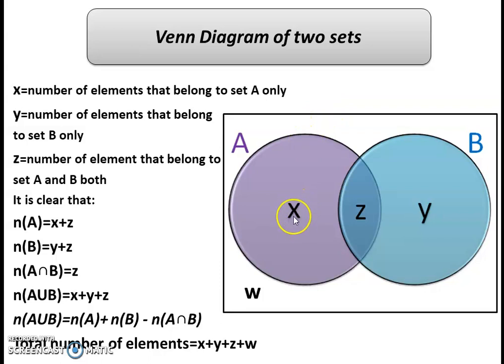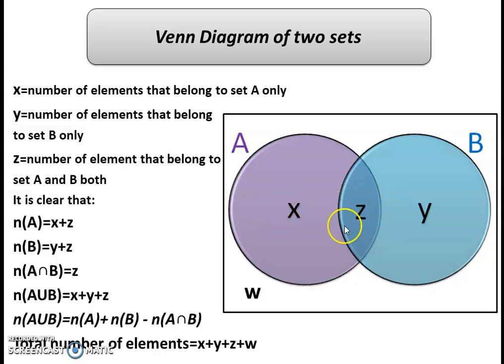So here X represents number of elements that belong to set A only. Y represents number of elements that belong to set B only, and Z represents number of elements that belong to set A and B both, right?